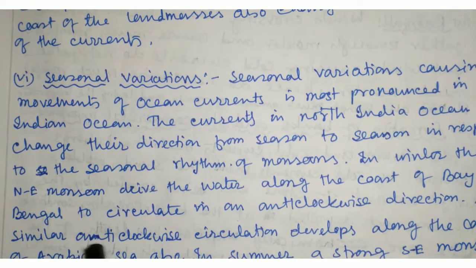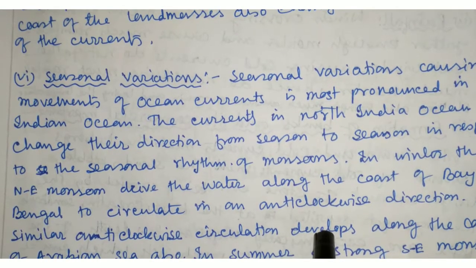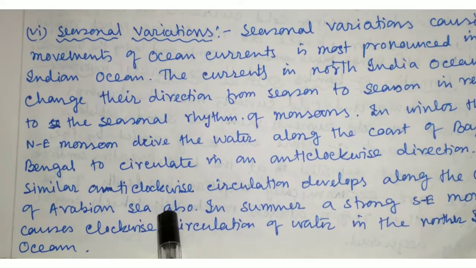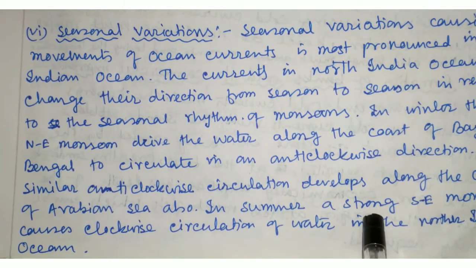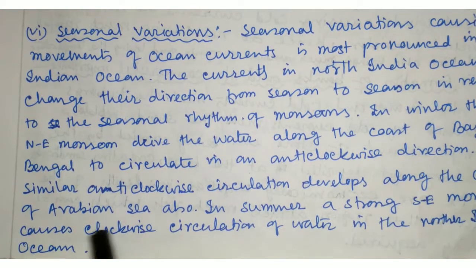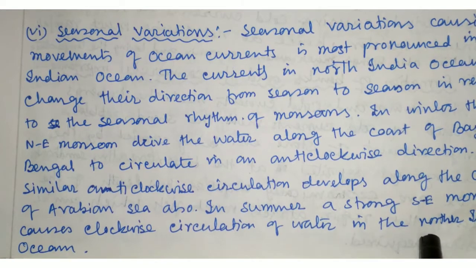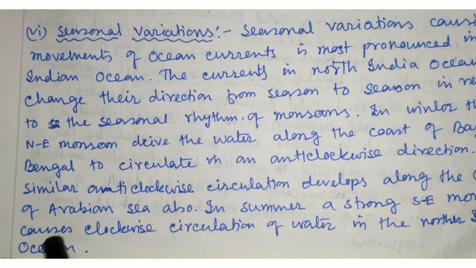A similar anti-clockwise circulation develops along the coast of the Arabian Sea also. In summer, a strong southwest monsoon causes clockwise circulation of water in the northern Indian Ocean.